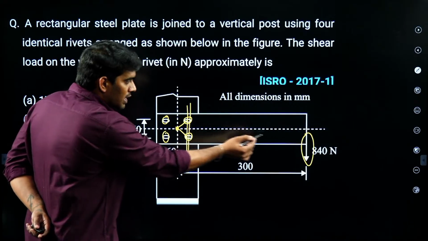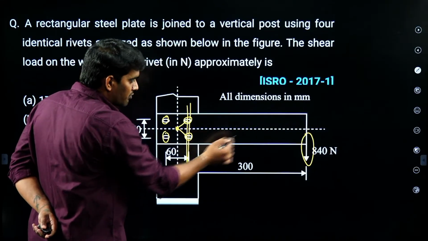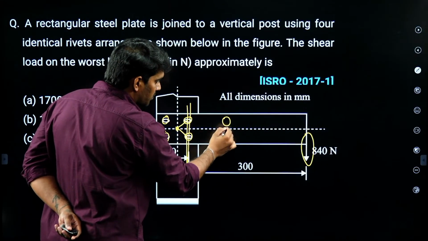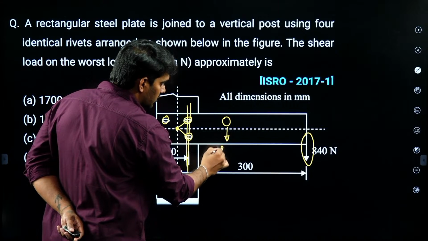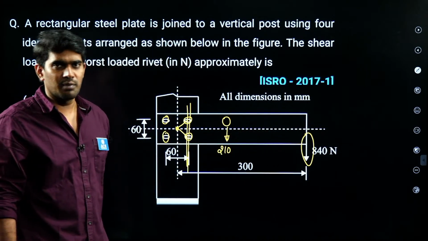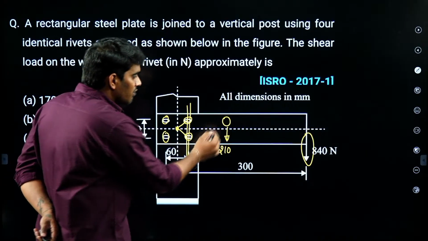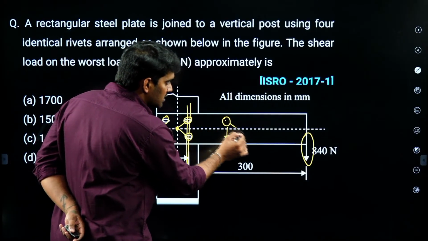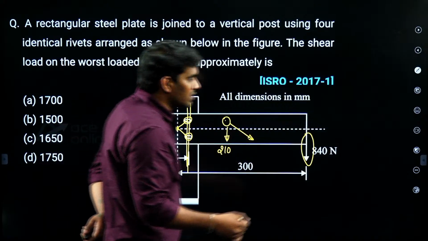Now here the load applied is 840, so on these rivets the primary load will be 210. Why? Because 840 divided by 4 is 210. Now here the secondary load will be acting in the tangential direction. How to identify the secondary load?